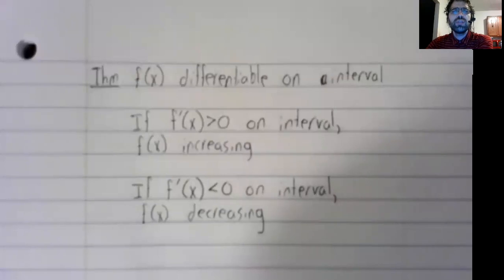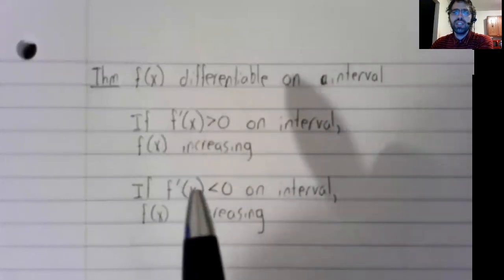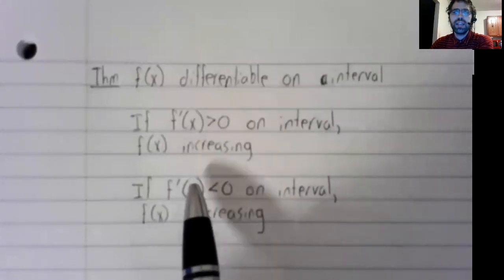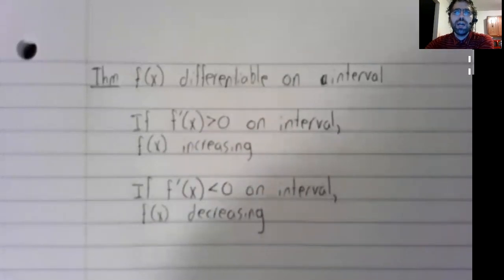What happens when the derivative goes from being positive to being negative, or from being negative to being positive? Well, I know I said up front that I'd define the first derivative test, which addresses that question in this video. But on second thought, it probably warrants a video of its own.